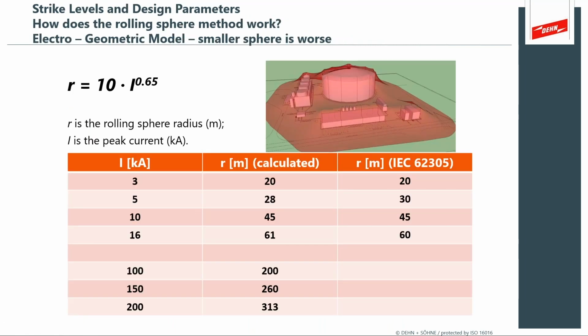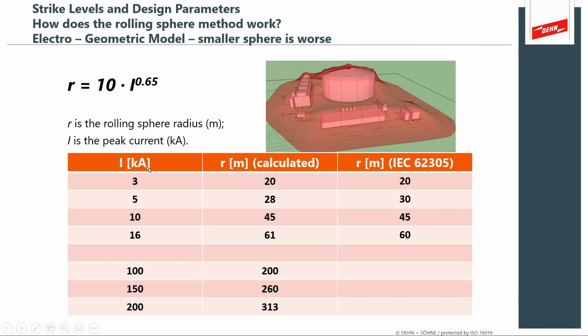The current turns out to be the dependent factor, and in the best understanding of how the lightning step leader will propagate, a low current raised to an exponential factor gives you the radius in meters.